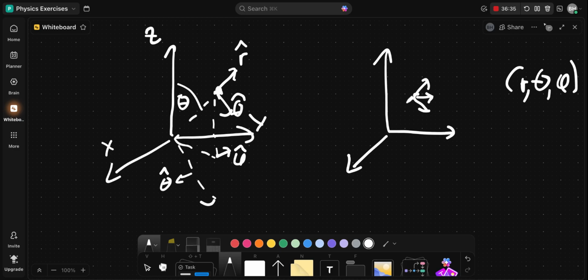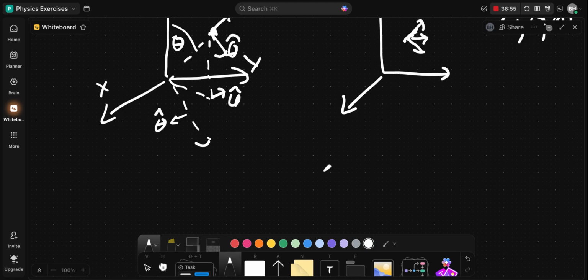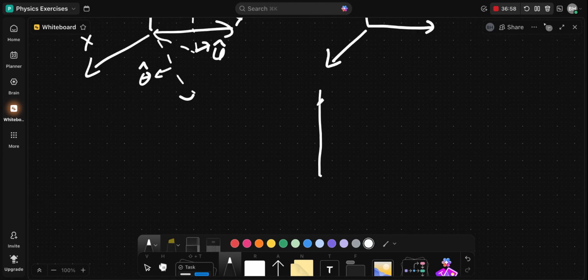But at any point, you have a coordinate system which is orthogonal, in the sense that all of these vectors are perpendicular to each other. And we can now think about what the area element is when we are on a sphere and our radius is constant. So we're not going to increase r. We don't care about this. But what we care about is the following.